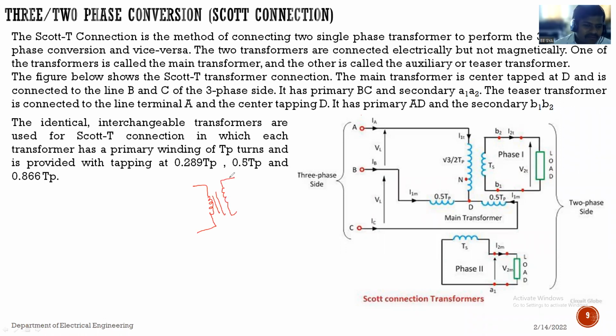Similarly, another single phase transformer also has a primary winding and a secondary winding, right? Now consider one of these 2 transformers as the main and the other as the teaser, right? See, these 2 transformers are not magnetically connected.